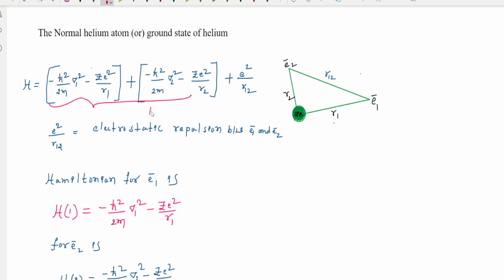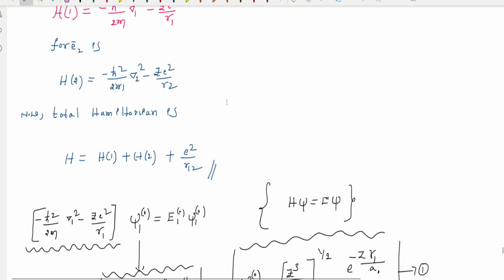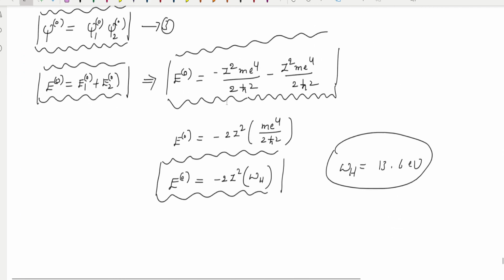This is unperturbed. This one is important. This is perturbed. So next step, we try to solve the perturbation term energy. After that, we can add that perturbation energy to the unperturbed one. Then we can calculate the exact ground state energy of this normal helium atom.